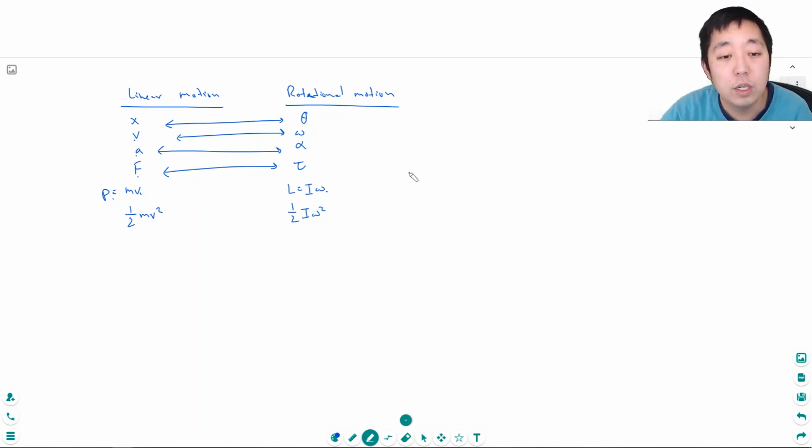Okay, so similarly to conservation of momentum, there's conservation of angular momentum. Similar to conservation of energy, when it applies, there's energy used in causing something to rotate too. So something will have rotational energy as well. This is kinetic energy due to linear motion. This is kinetic energy due to rotational motion, or rotational energy. Okay.